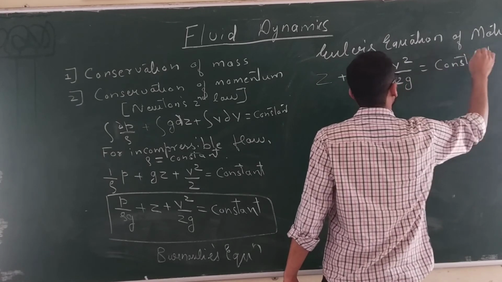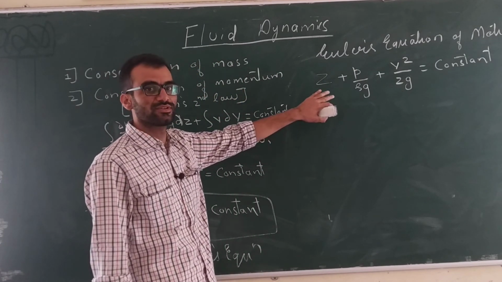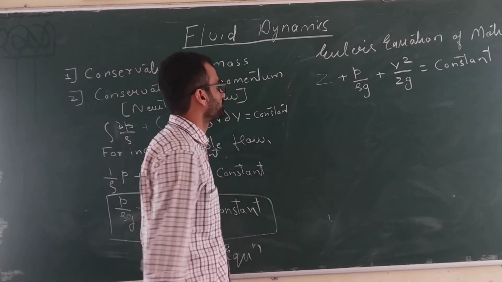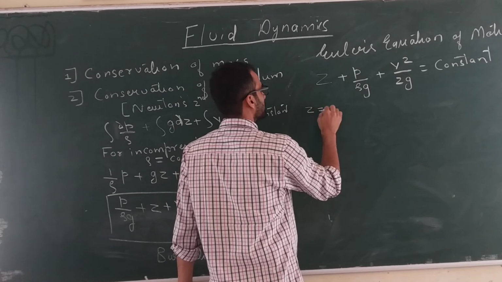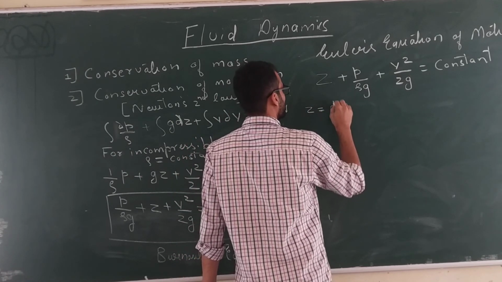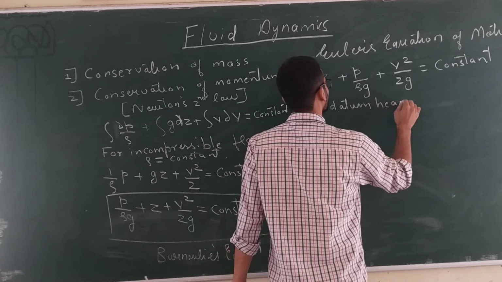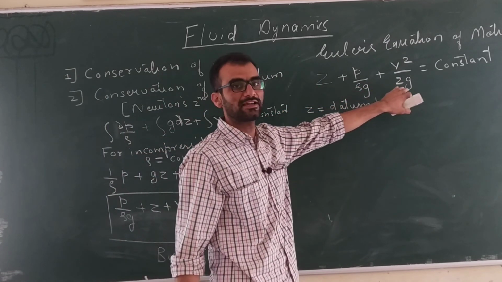along a streamline. What are the assumptions for applying Bernoulli's equation? Flow is steady, flow is incompressible, flow is irrotational. Now the Z is nothing but the datum head. Basically these three terms represent three different types of energy heads.